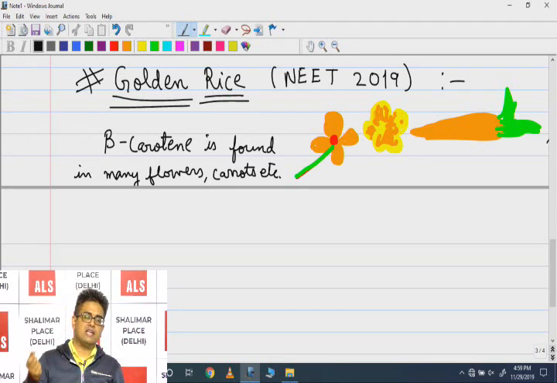So basically when you eat this rice, you will get vitamin A directly. You do not need to eat carrots, you do not need to eat flowers. You will get vitamin A whenever you eat your rice.